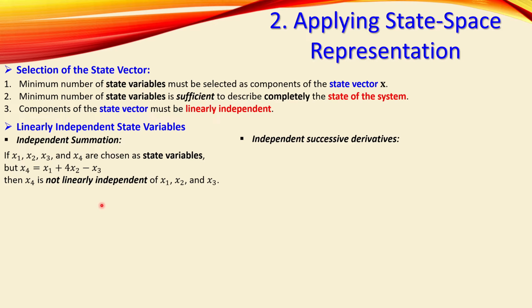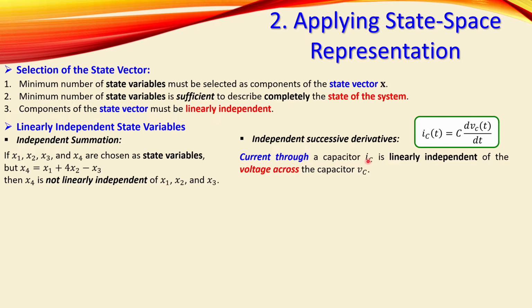Also, what we need is independent successive derivatives. Let's take as an example the current through a capacitor as a time derivative. The capacitor current is equal to the capacitance value times the time derivative of the capacitor voltage. A very standard formula in electrical engineering.